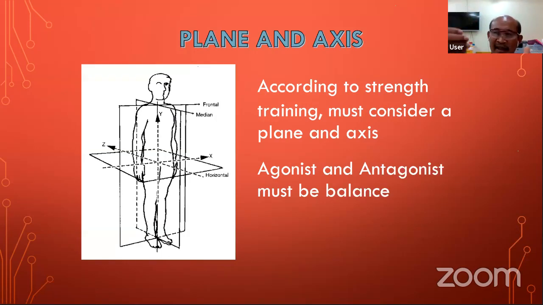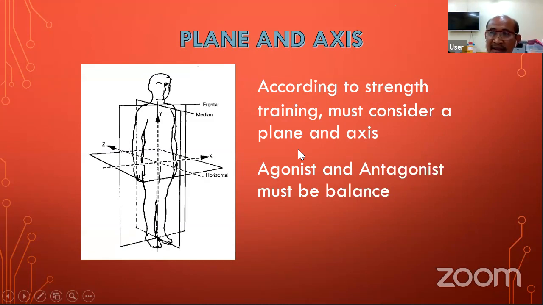It means some muscles are in the front side of the body and some are in the back side, anterior and posterior. This one is the left side and the right side. And on another plane, the upper body and lower body part is the horizontal plane.